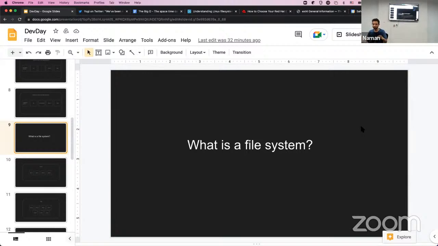On usual systems, it's around 4 KB, which means even if we are writing a file of 1 KB into the system, it is going to occupy 4 KB on the disk, because the smallest block size is 4 KB. Now the other question which comes to our mind is, how do we decide what should be the block size?